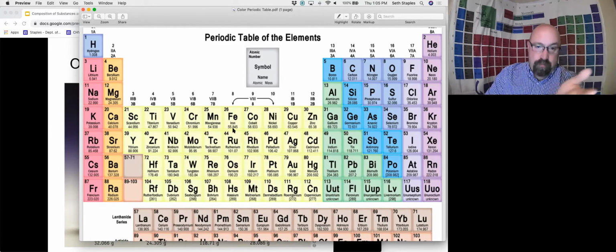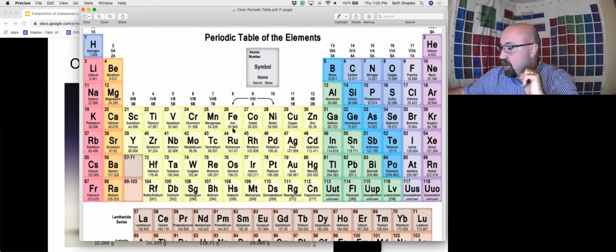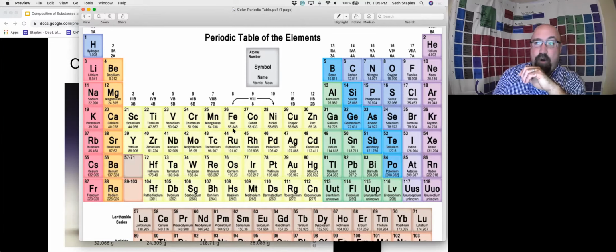And so my cursor's right on iron. This means that if I have a mole of iron atoms, that mole of iron atoms is going to have a mass of 55.845 grams. We abbreviate mole, MOL, by the way.